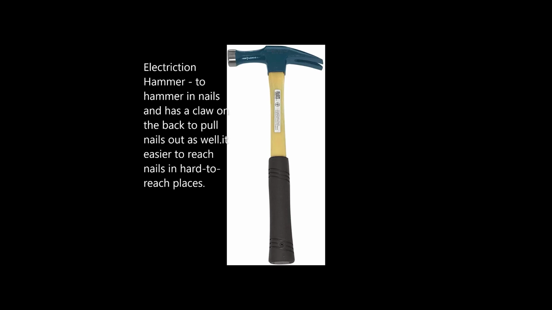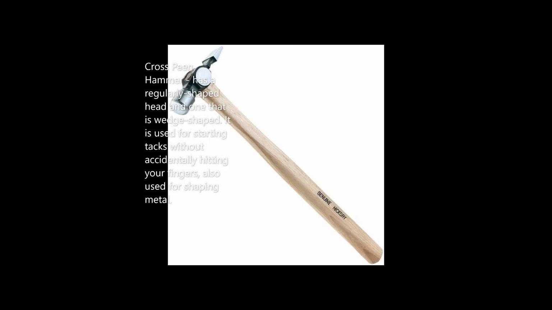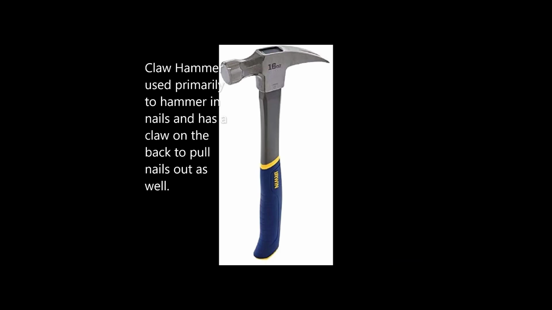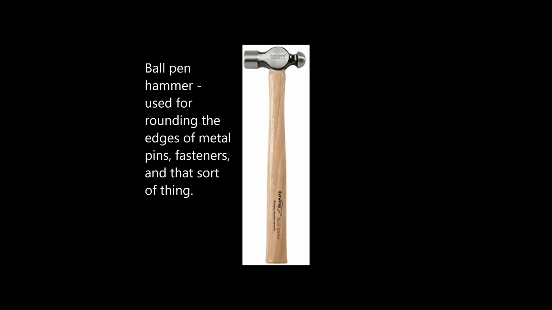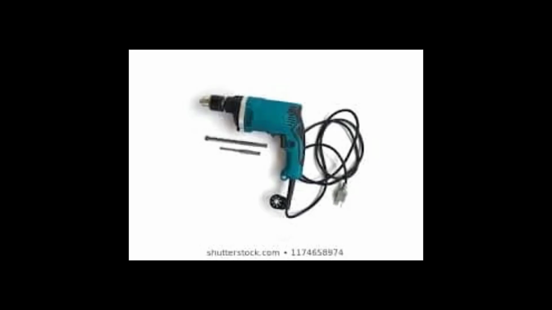The next image is a hammer. Hammers are used for nailing and fitting. You can see some examples of hammers and their functions in the image that I've given you. Next is drilling equipment.